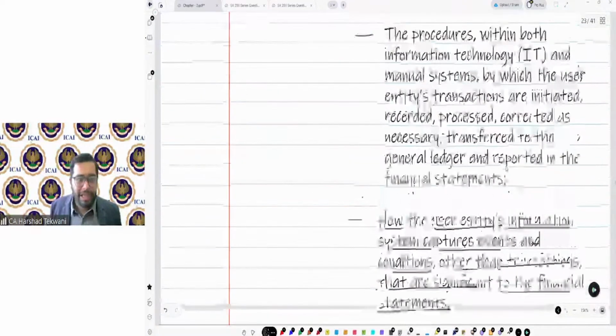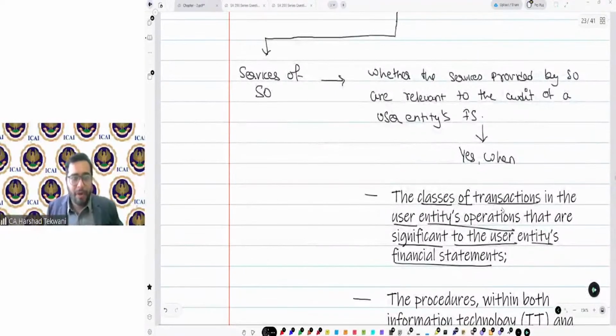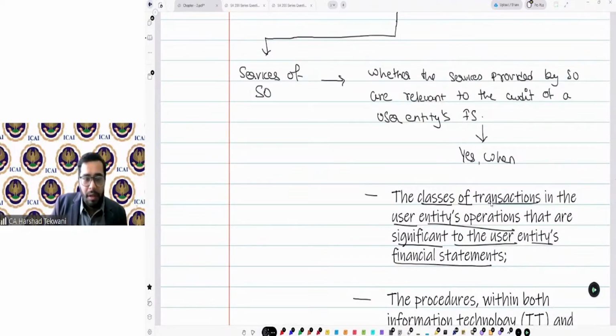So these are certain areas, I could say, to decide whether the services provided by the service organization are relevant to the audit of the user entity's financial statement, when the following are affected or impacted by the service organization's service.